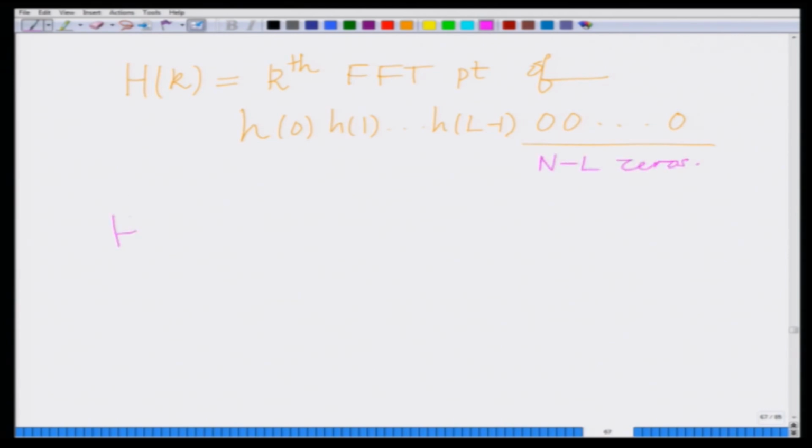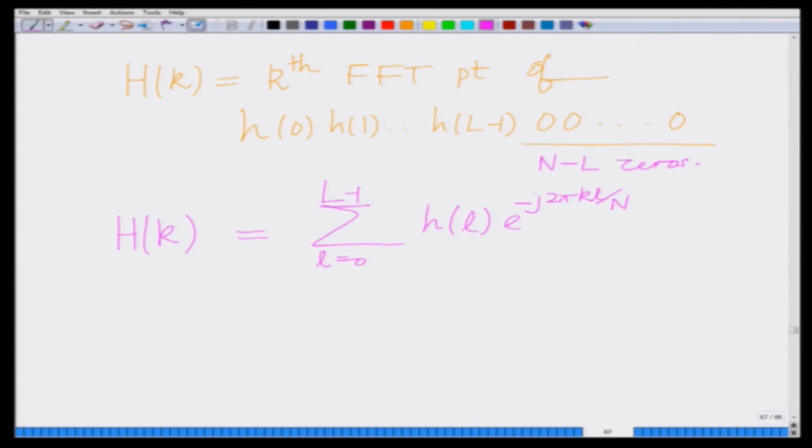Hence, if I write the expression for H of k, naturally H of k is given as summation l equal to 0 to N, and since there are only capital L coefficients, 0 to capital L minus 1, of h of l e to the power of minus j 2 pi k l divided by N, correct.